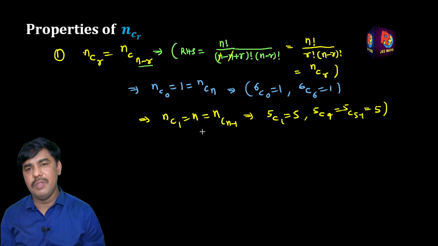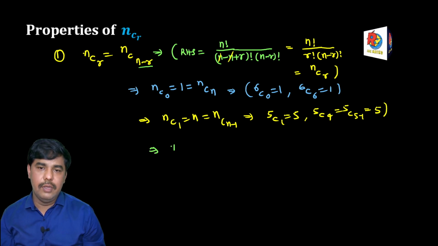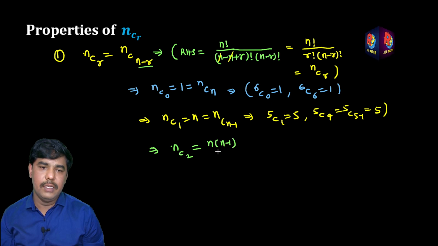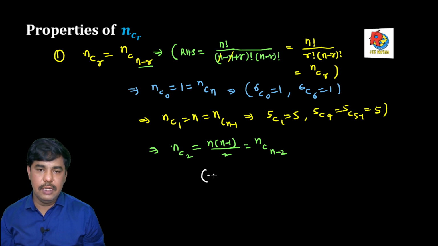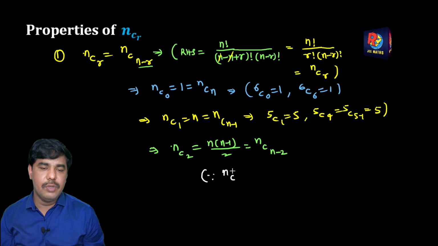If you want the derivation of this one, the general formula is NCR only. Here you can observe NC2 equals n into n minus 1 by 2, and this value will be equal to NC n minus 2. NC2 equals n factorial by n minus 2 factorial into 2 factorial.